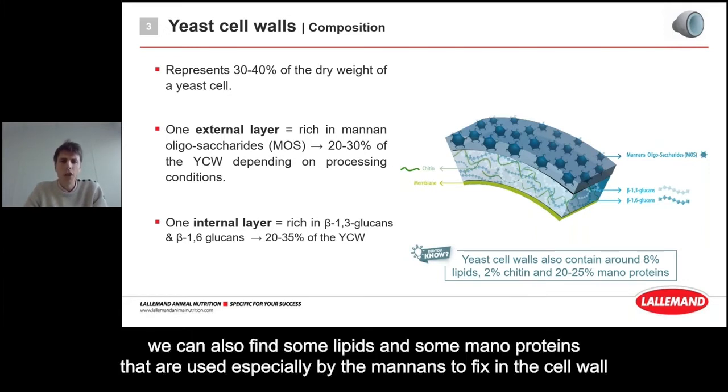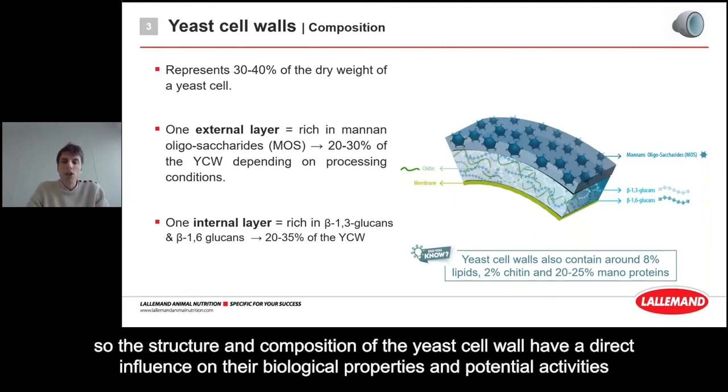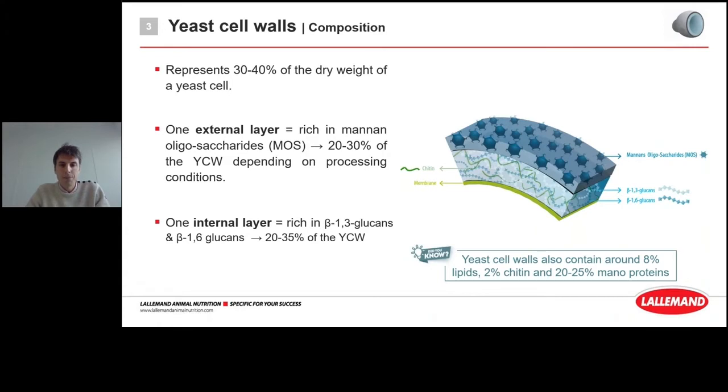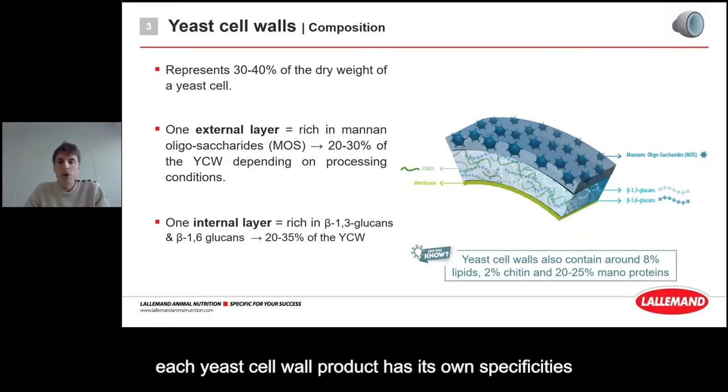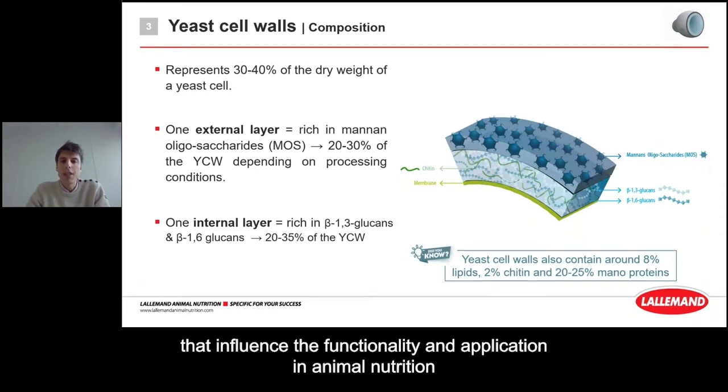We can also find some lipids and some mannoproteins that are used especially by the mannans to fix in the cell wall. So the structure and composition of the yeast cell wall have a direct influence on their biological properties and potential activity. Each yeast cell wall product has its own specificities that influence the functionality and application in animal nutrition.